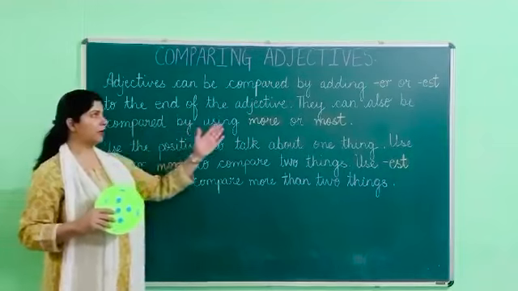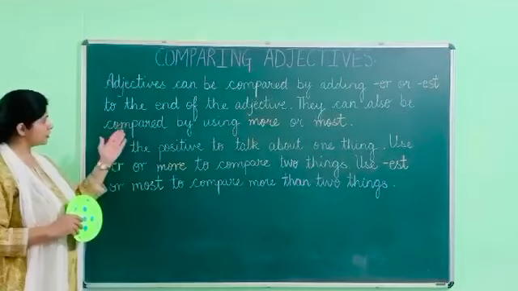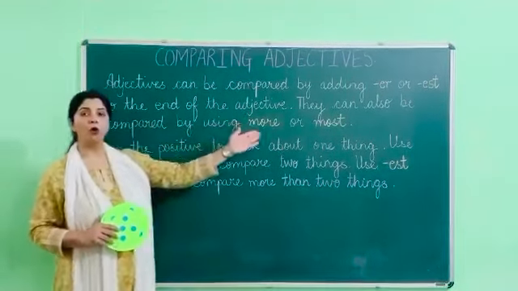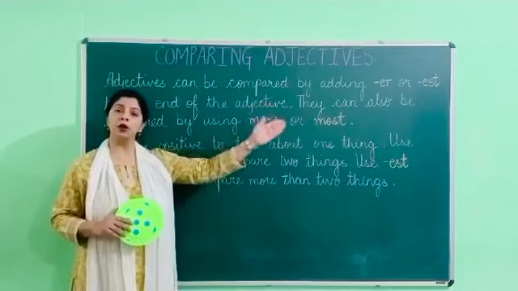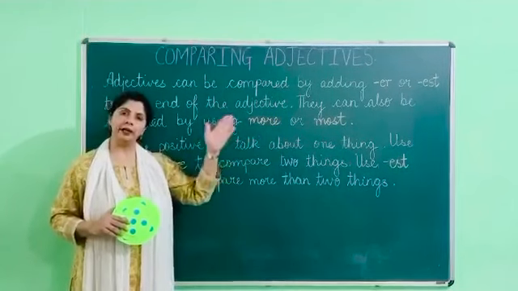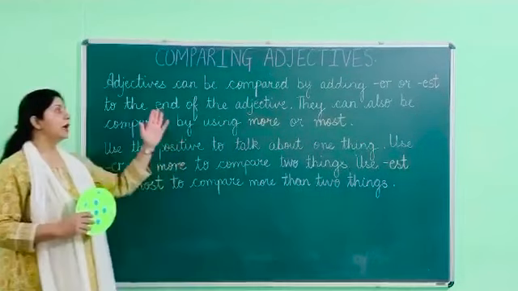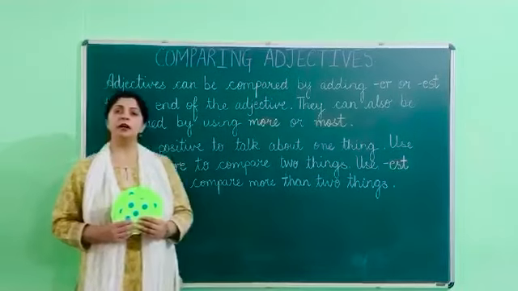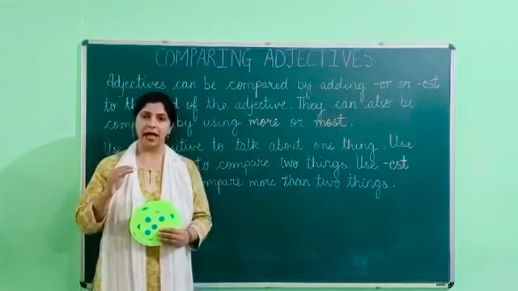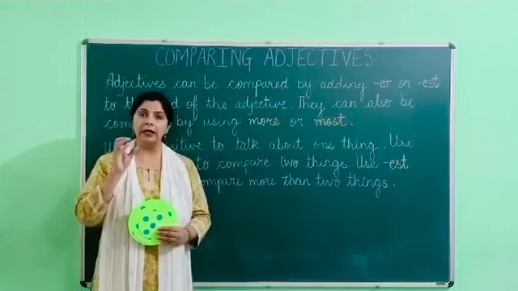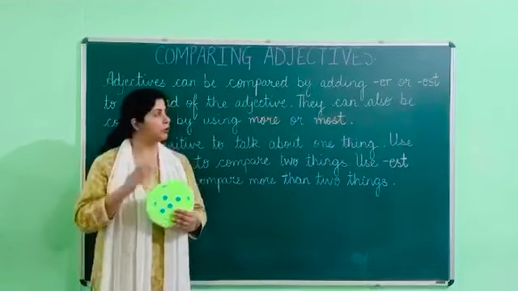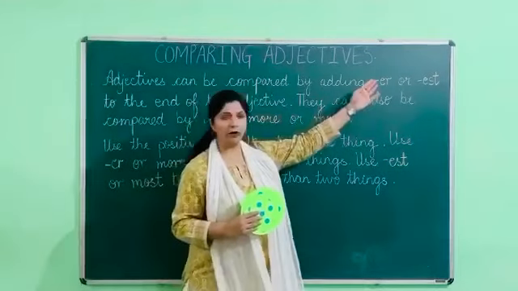Children, what you can also do is, they can also be compared by using more or most, because in all the words you cannot use ER or EST. All the adjectives which are of one syllable, as in the word is of one sound, you use ER or EST.